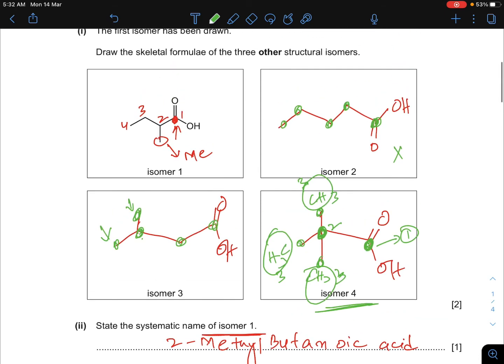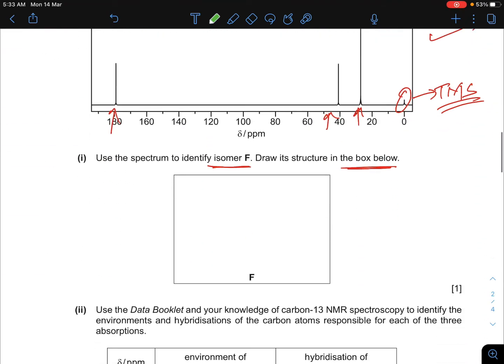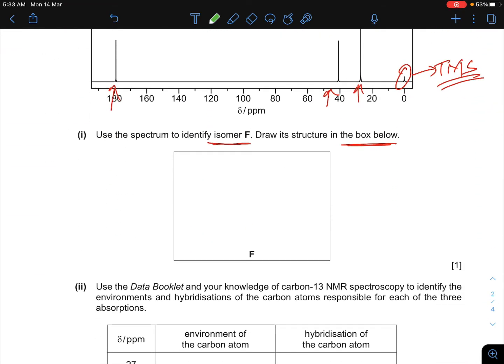And in this one, 1, 2, 3, 4, 5. So 5 peaks for this one, 5 peaks for this one, 4 peaks for this one, and this one would give 3 peaks. So the isomer which gives 3 peaks on a C13 NMR spectrum is the one with 3 carbon atoms in the chain and 2 carbon atoms in the branch.